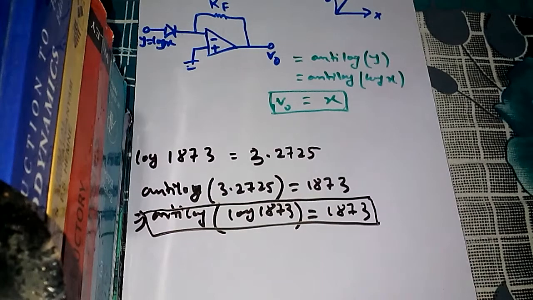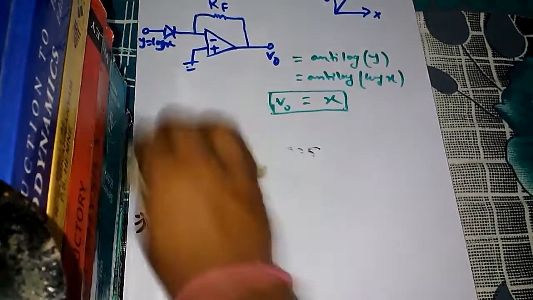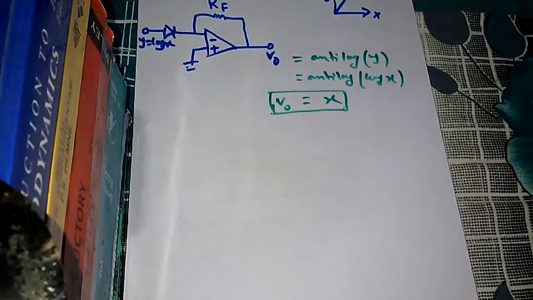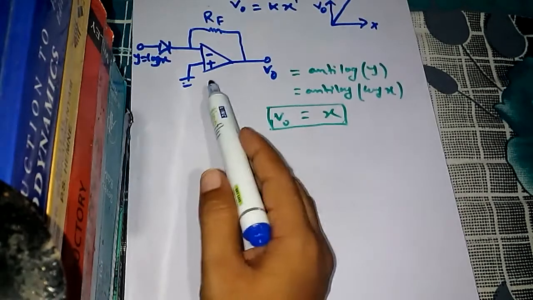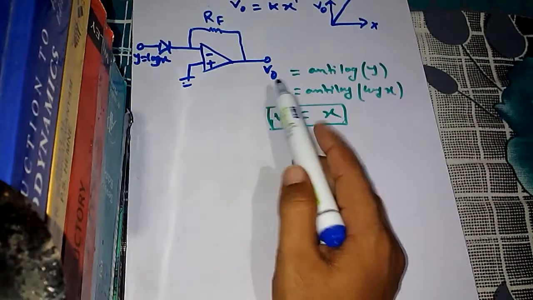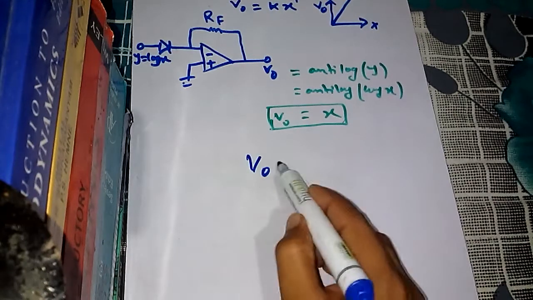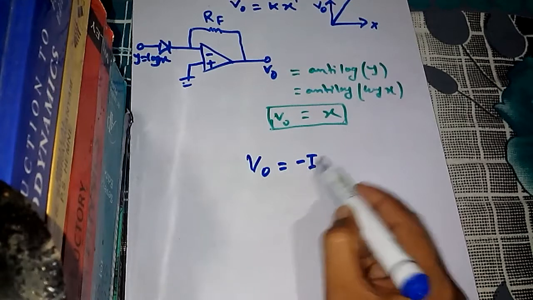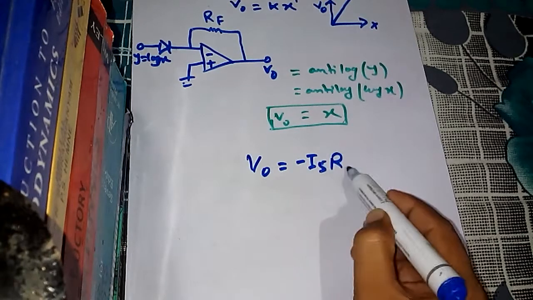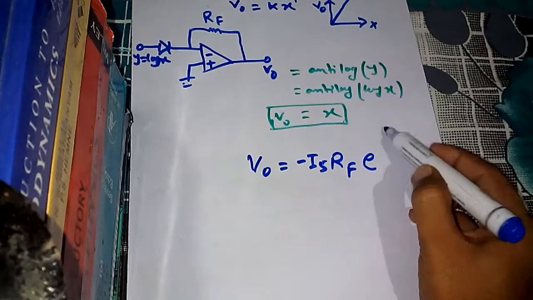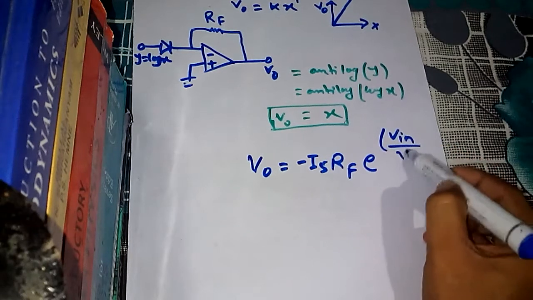Now one thing that one may ask is a question: in my last video, for the anti-logarithmic amplifier, the standard output formula I had written as minus IS RF e to the power V input by Vt.